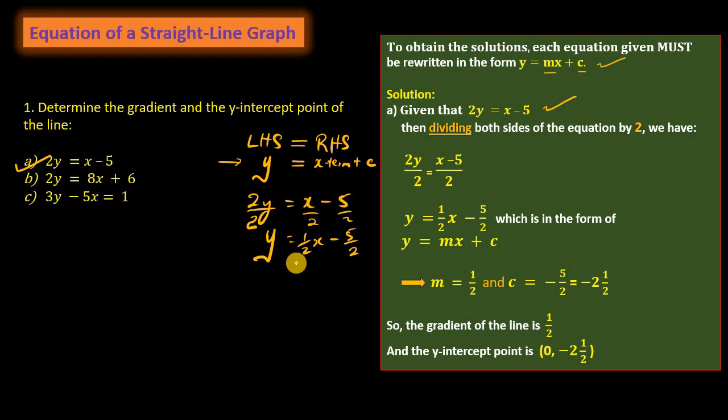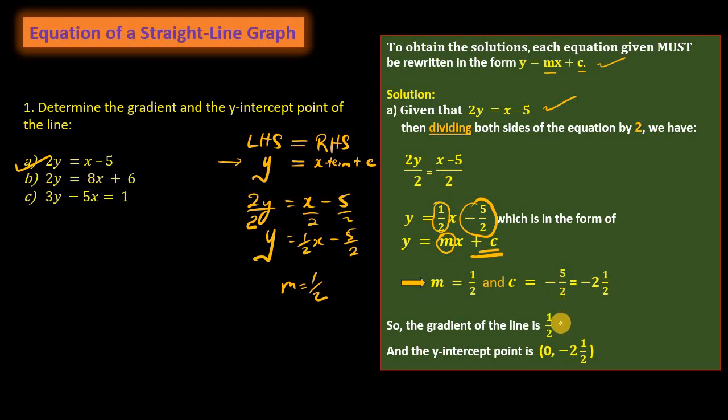So once it's in this format, we now recognize that it's in the form y equals mx plus c. We can identify that the quantity before x is what we refer to as the gradient. So m, the gradient, is equal to a half. And the c value is that number by itself afterwards, which is negative 5 over 2.